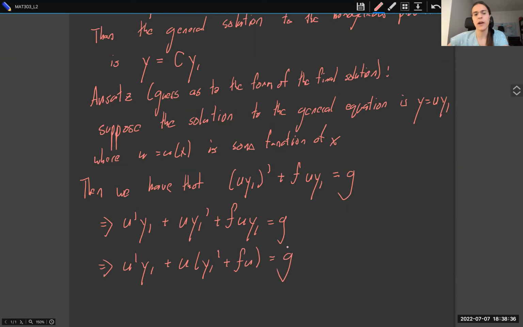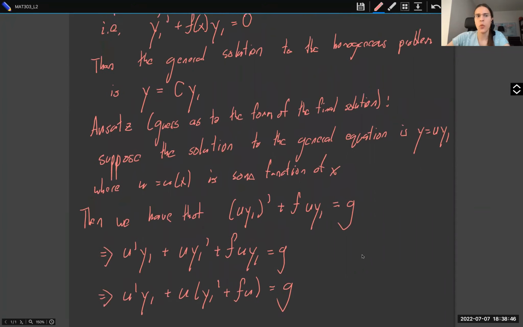And does anyone see what happens now? So what did we suppose about y1? Sorry, this isn't a u, this is a y1.